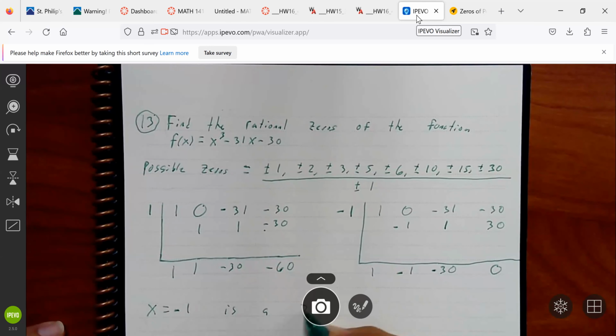And remember that these are going to be the coefficients of the factored form. So this becomes x plus 1, right? Comes out. So this becomes these numbers: x squared minus x minus 30.